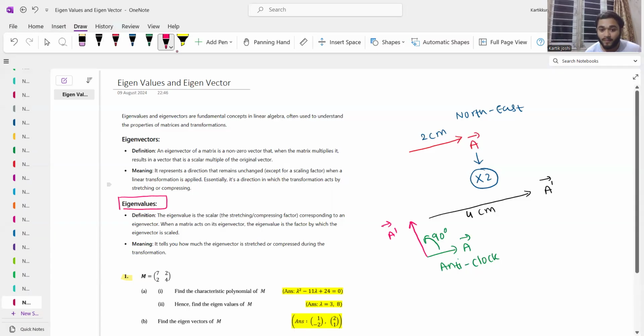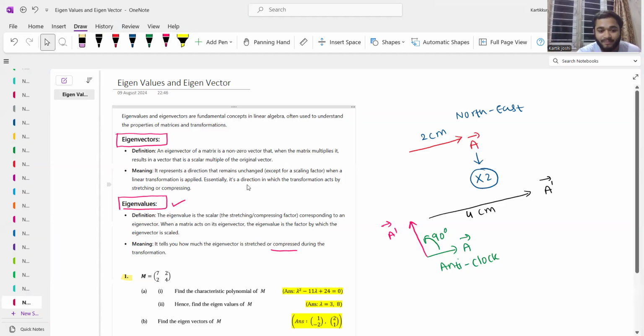How much it compresses or stretches during the transformation is given by its eigenvalue, and the direction in which it is stretched is given by its eigenvector. It's a very basic concept of mathematics and very easy to understand.